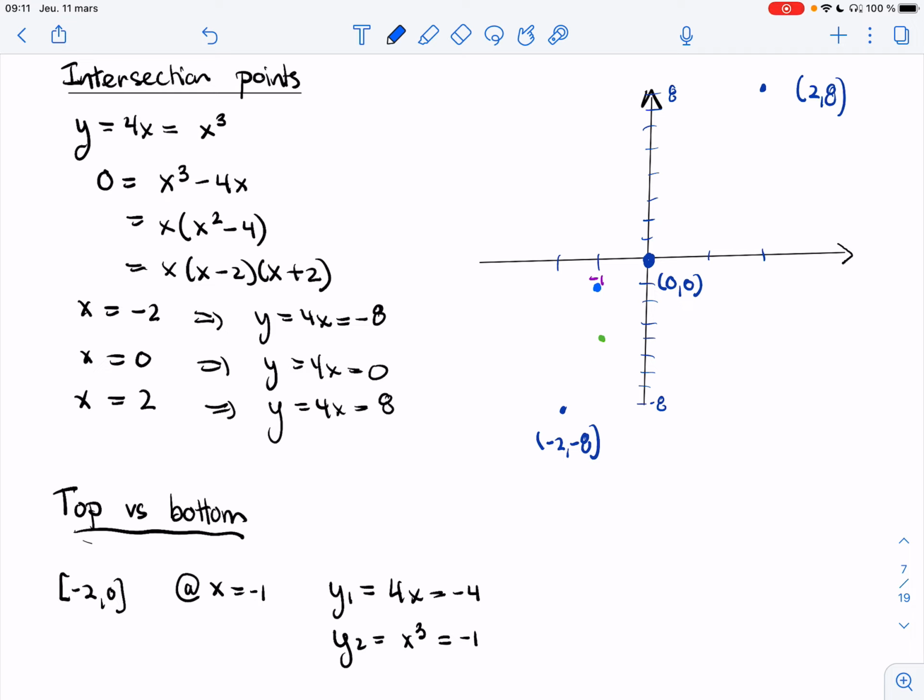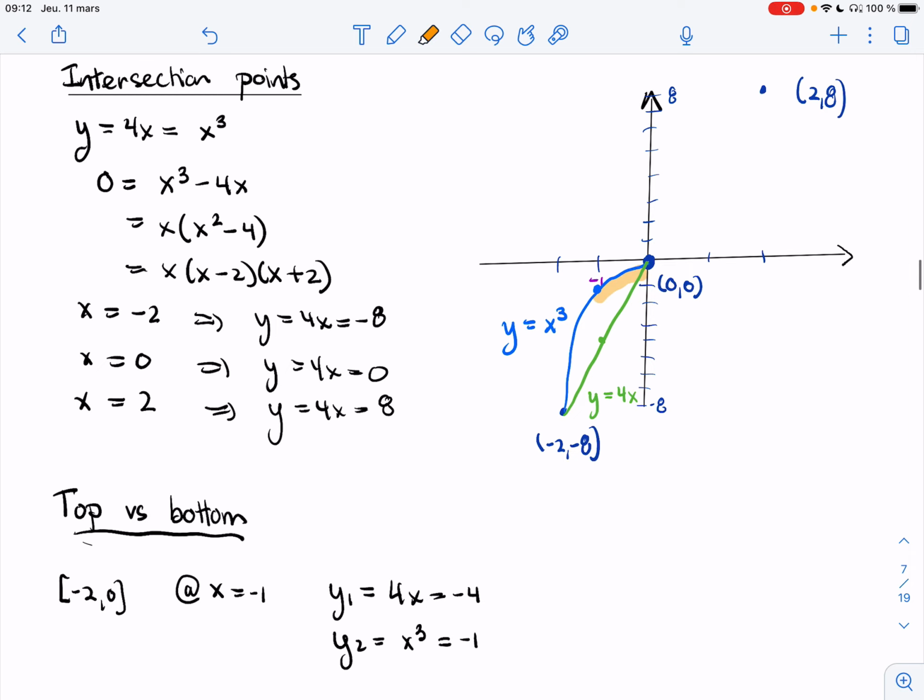That means it's going to be above for the whole interval here until the next intersection point. The curves cannot switch from top to bottom without cutting through each other. And so here I have my first section of my region.